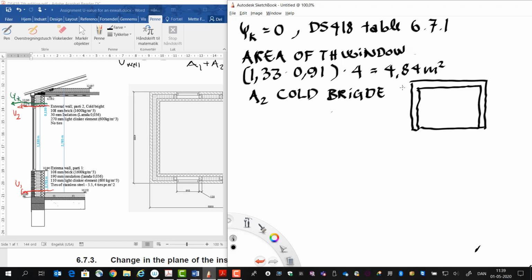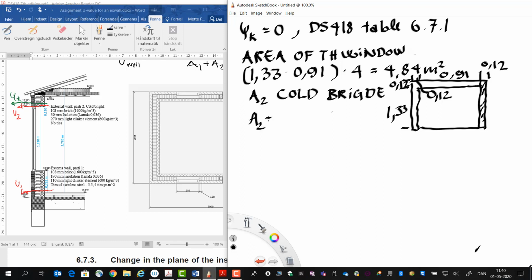And I put the measurements: the height of the window was 1.33, and then the core bridge height is 0.12, and then also here the core bridge is 0.12, and the length of the window was 0.91, and this part here is also 0.12.